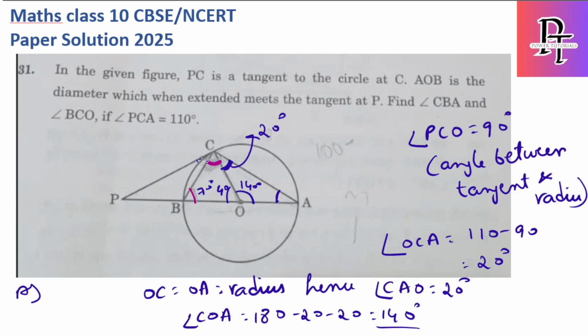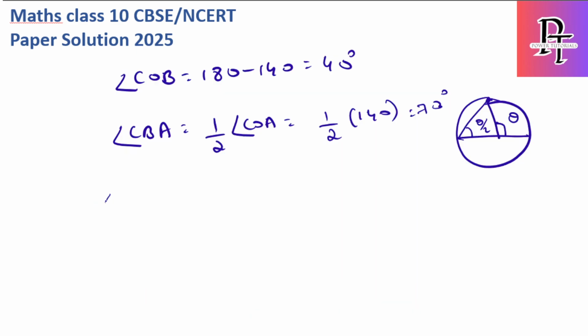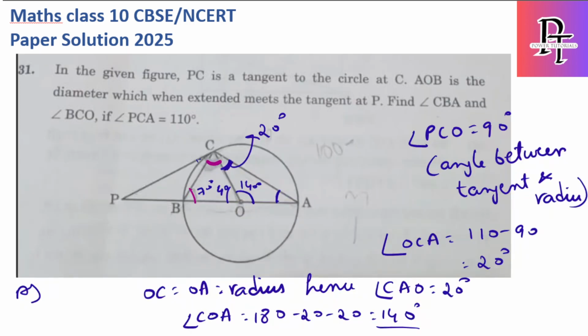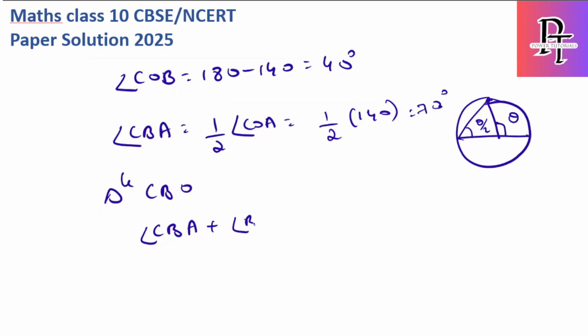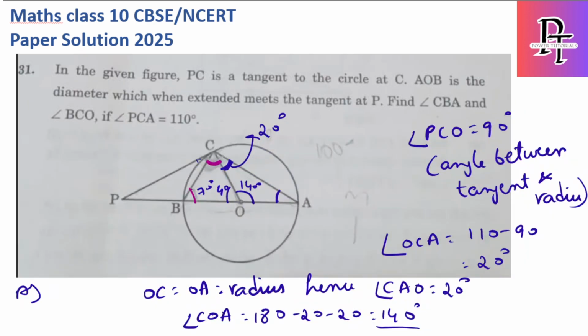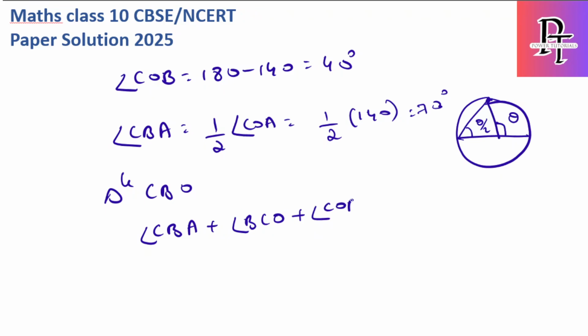Now consider the triangle CBO. Angle CBA plus angle BCO plus angle COB is equal to 180. So what is remaining?